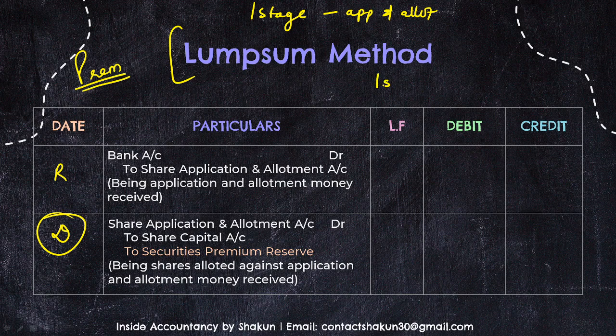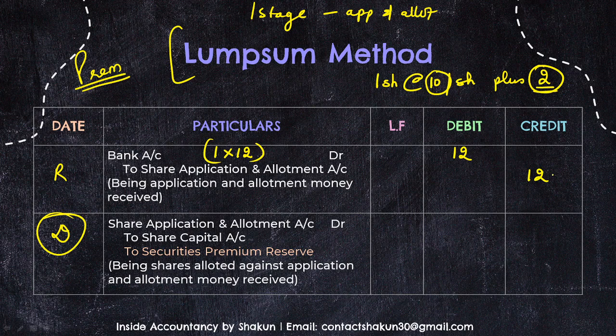Suppose there was one share at the rate of 10 per share and the premium was at the rate of 2. How will we show it? When we are receiving, people will pay us 10 rupees and 2 rupees also, so 1 into 12 along with premium. I'll show 12 rupees here. In the next entry, the due entry, in share capital always the face value is shown, so face value is multiplied by the number of shares.